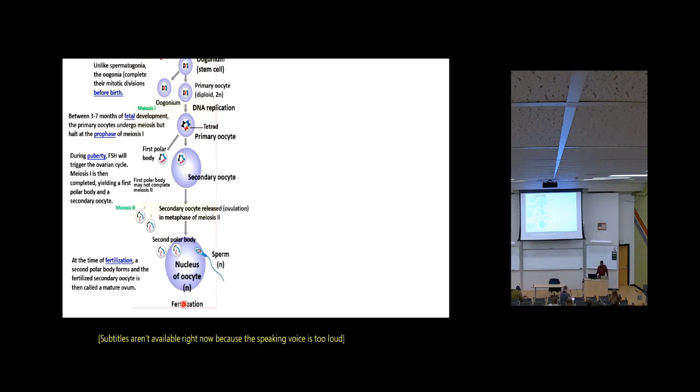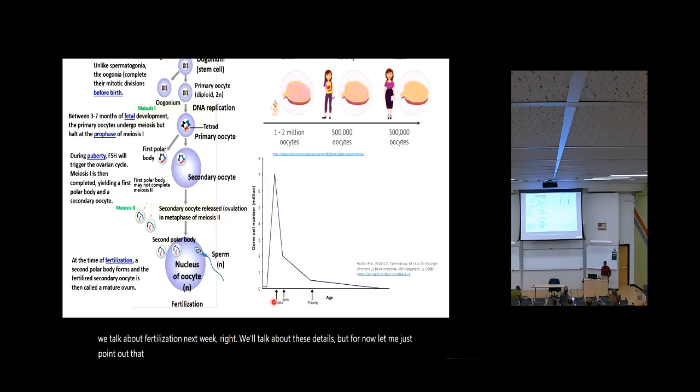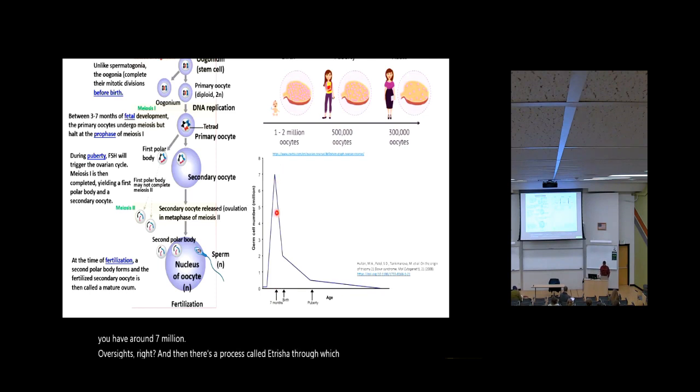We'll talk about these details then, but for now let me just point out that during the first few months of fetal development, because mitosis takes place, you have around 7 million oocytes, right? And then there's a process called atresia, through which most of these oocytes are lost, and by the time the baby is born, there are only 1 to 2 million oocytes.